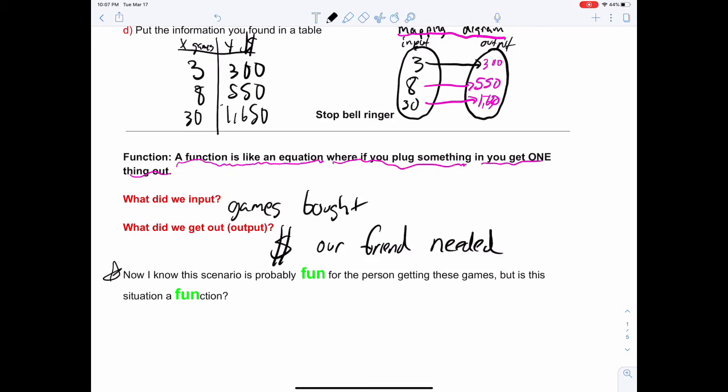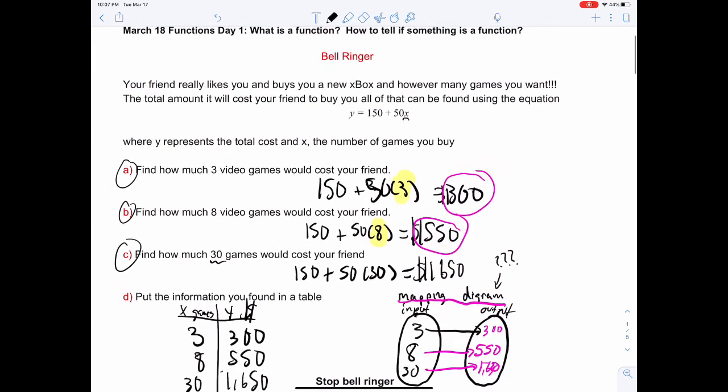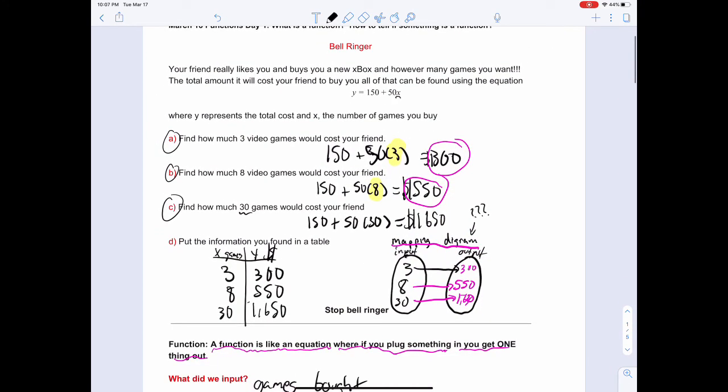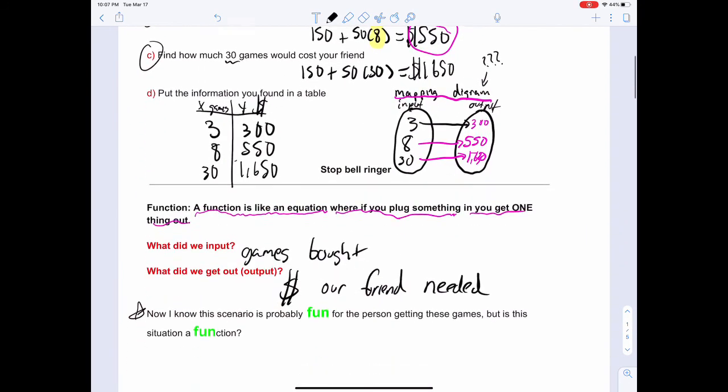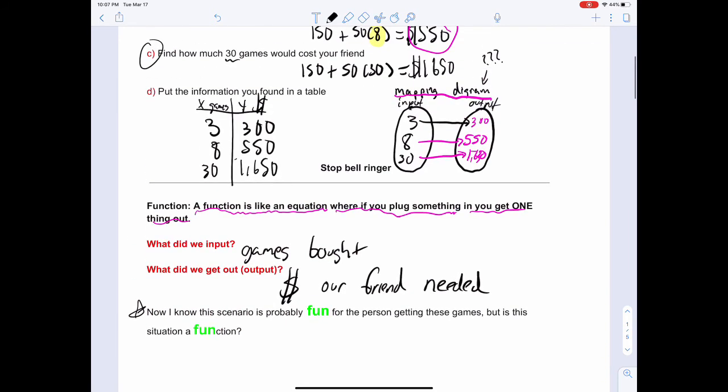Now I know this scenario is probably fun for the person getting these games, but is this situation a function? Is what is happening here a function? That is the question of the day. Think to yourself, do you think this is a function? Is it like an equation where if you plug something in, you get one thing out? Is it like this? Because this is what a function is.